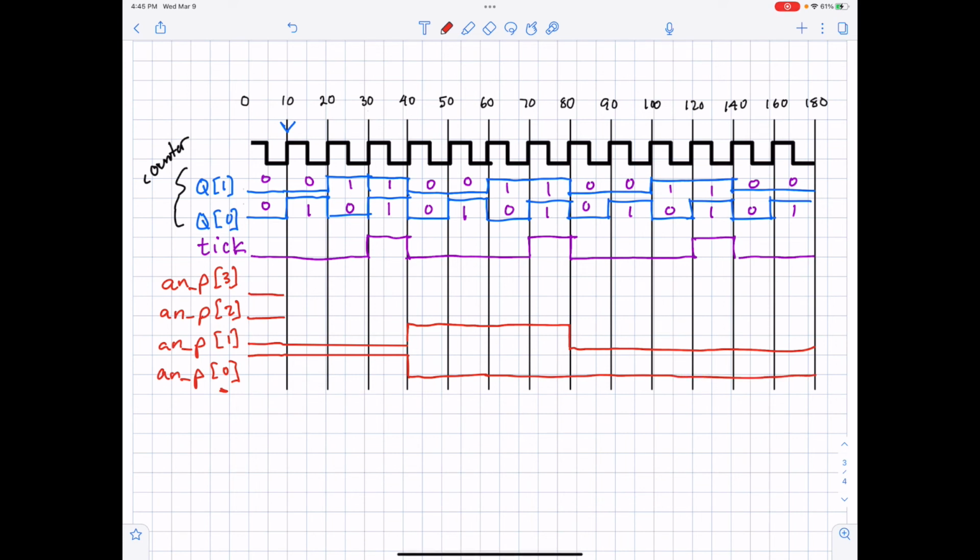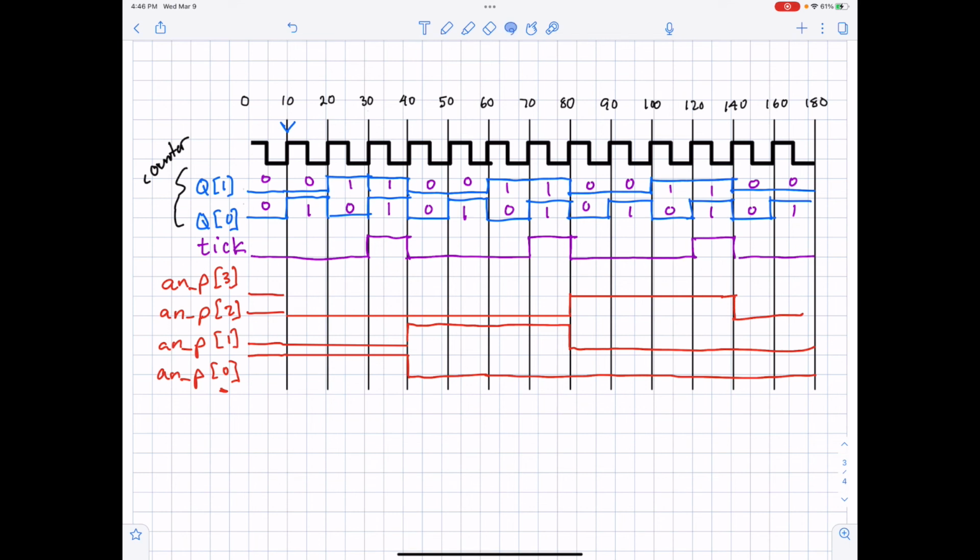And then finally, let me move this signal up a little bit. This is going to stay a 0. And when I get to the input condition 1, 0, at the edge of this tick signal, the 2-bit counter inside the anode encoder is going to increment to a 2, and it's going to stay high until the next edge of the tick signal.